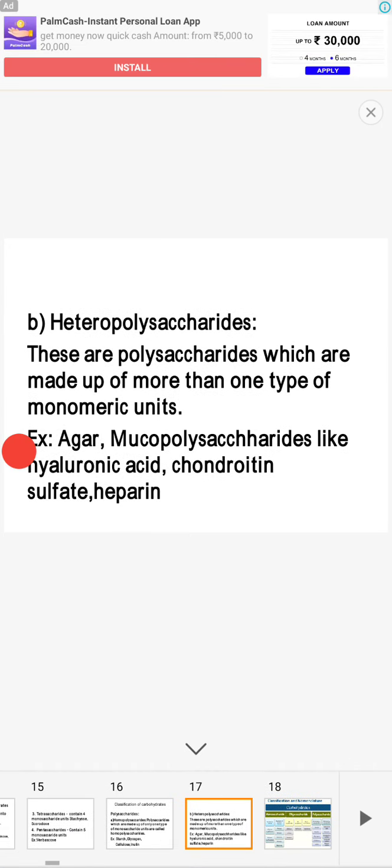Mucopolysaccharides we also call glycosaminoglycans: keratan sulfate, chondroitin sulfate, heparin, dermatan sulfate. These are some of the important mucopolysaccharides that you are going to study later. So examples for heteropolysaccharide are agar and mucopolysaccharide. Example for mucopolysaccharide is hyaluronic acid.